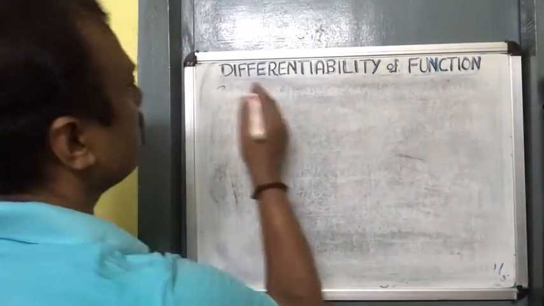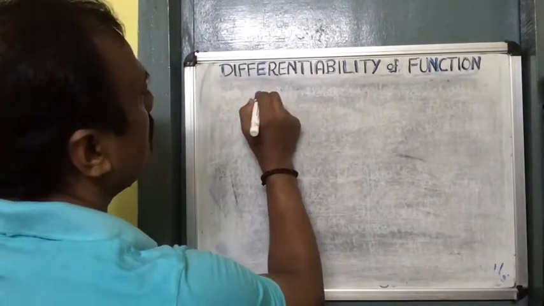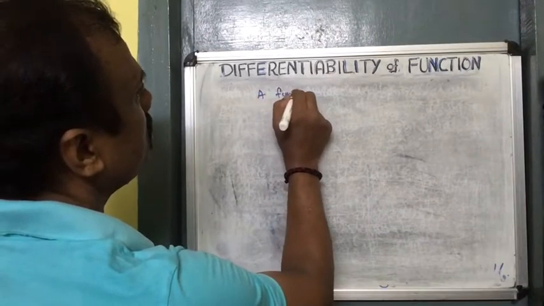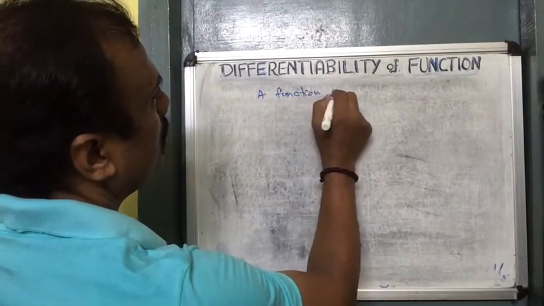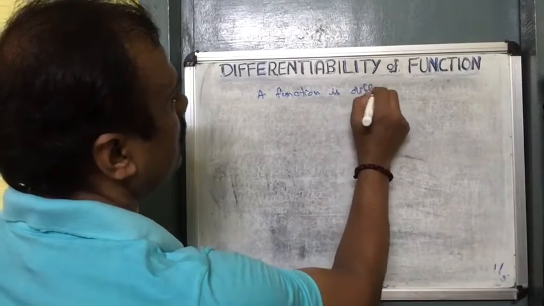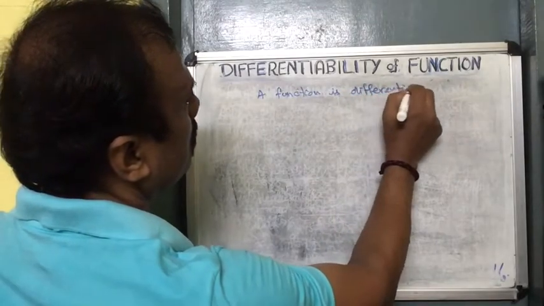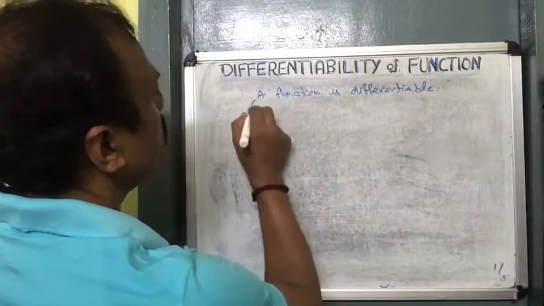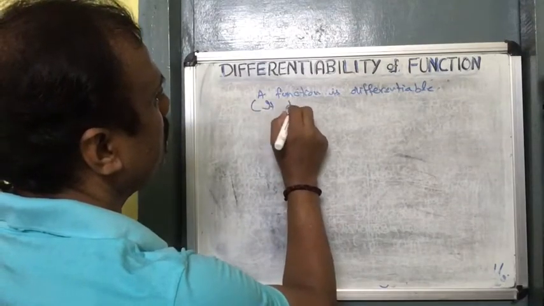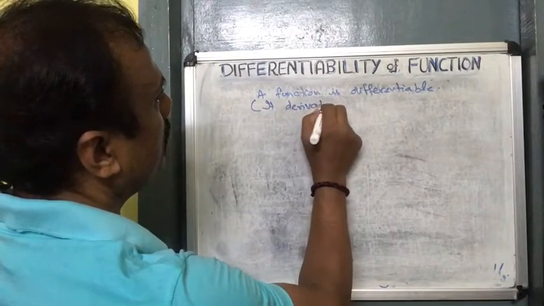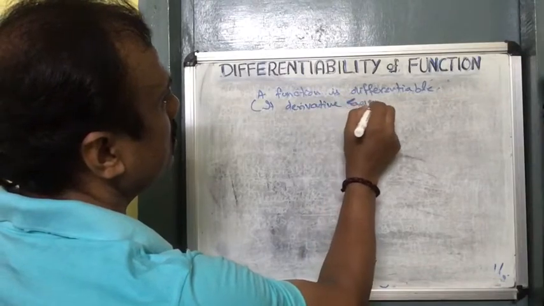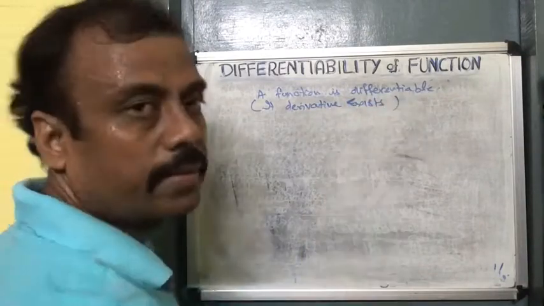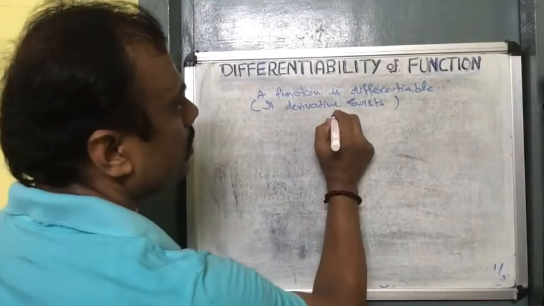A function is differentiable means what? Its derivative exists. Okay, when will it be differentiable?